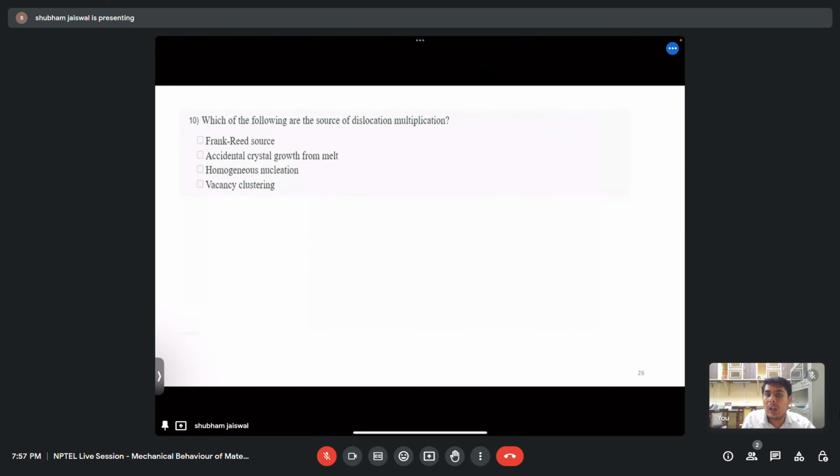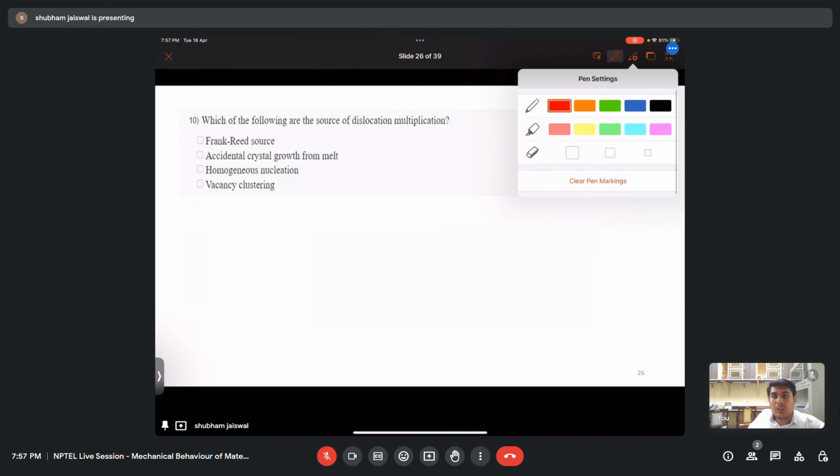Which of the following are the sources of dislocation multiplication? So these questions we have already discussed in the quick recapitulation. You can answer from that.